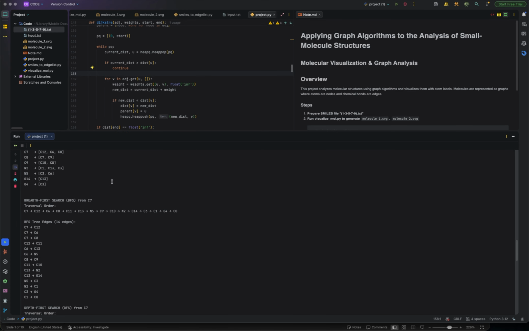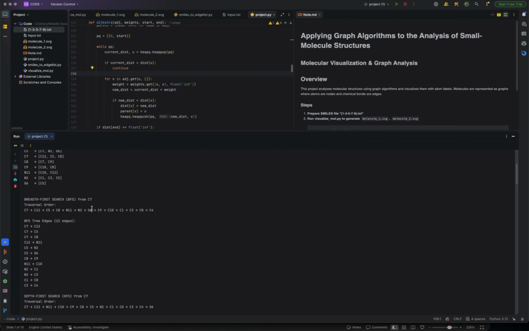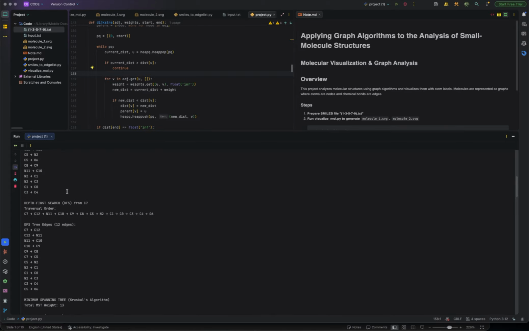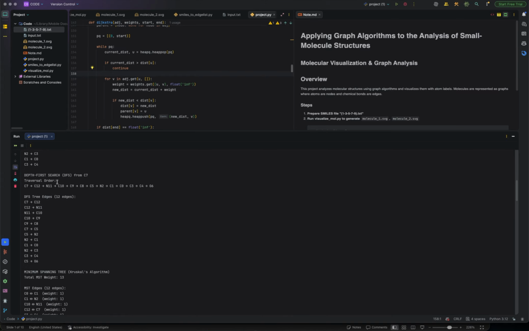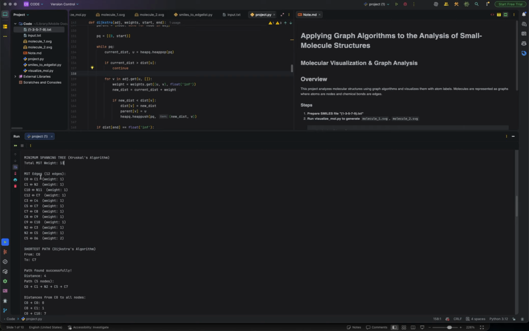As you can see, we have two different molecule results, including the adjacency lists, BFS traversal orders, the BFS tree edges, DFS and its orders as well, and Kruskal, with MST weight 13.